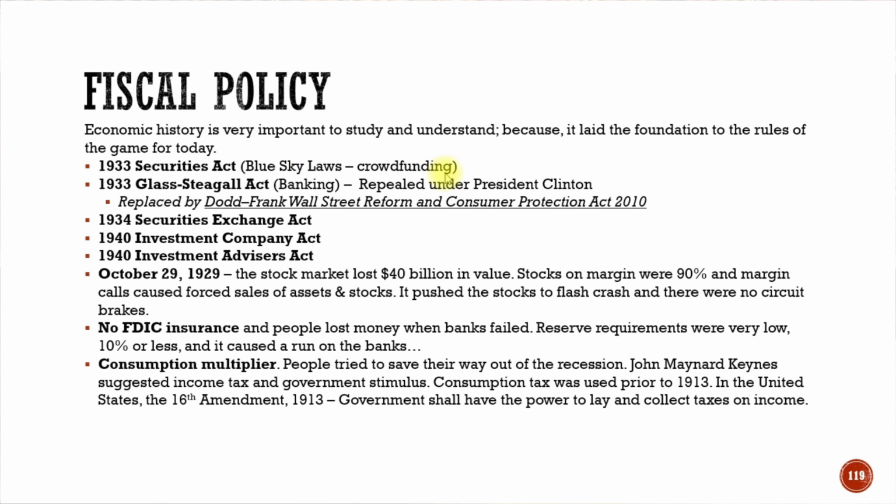That's one of the restrictions imposed on startups that are looking for funds so that they can grow their business. Glass-Steagall was repealed and replaced under President Clinton. It was replaced by the Dodd-Frank Wall Street Reform and Consumer Protection Act of 2010.